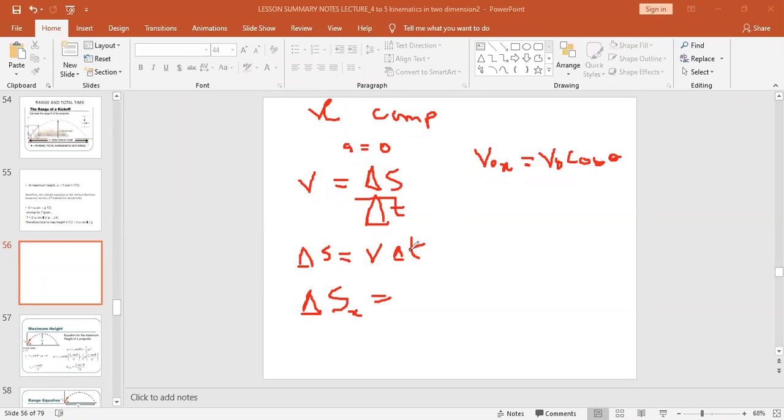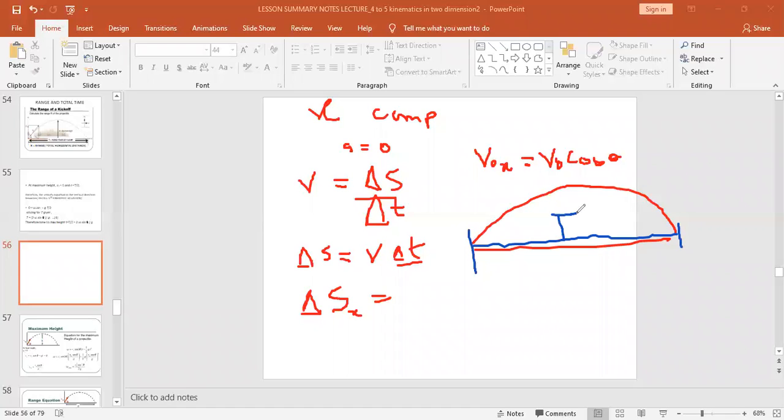Then the time here. Let me draw this so that you get it better. We are dealing with the range, which starts from this point to this point. So the time we are dealing with is the total time.